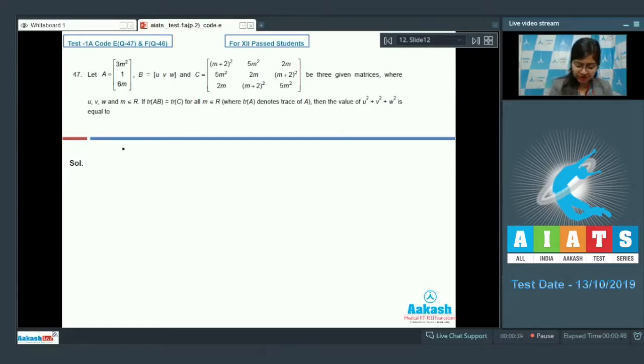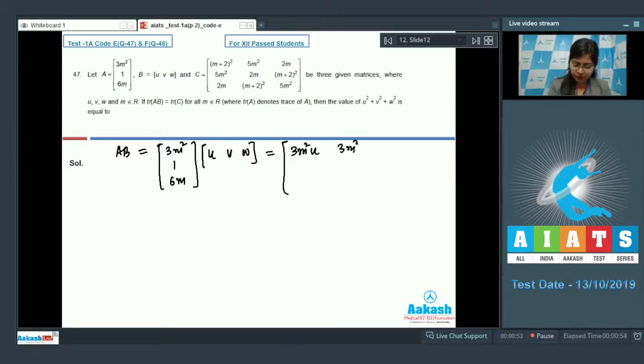Let's firstly find matrix AB. That will be 3m square 1 6m multiplied with UVW. So this is equal to 3m square u, 3m square v, 3m square w. Next we have u v w, and here we will have 6m u, 6m v, 6m w. So this is our AB matrix.